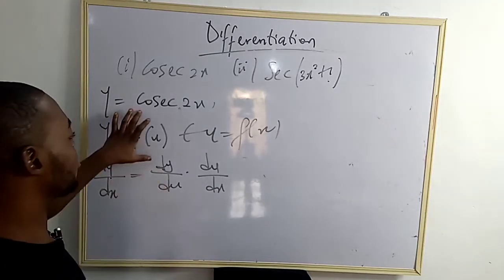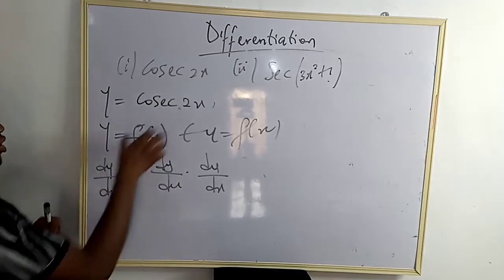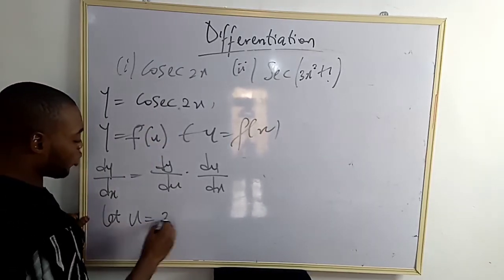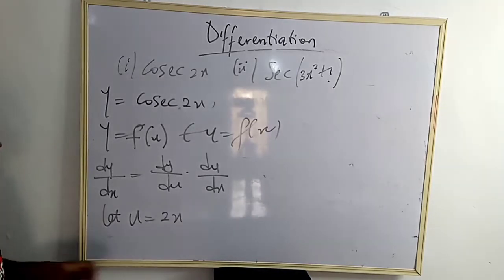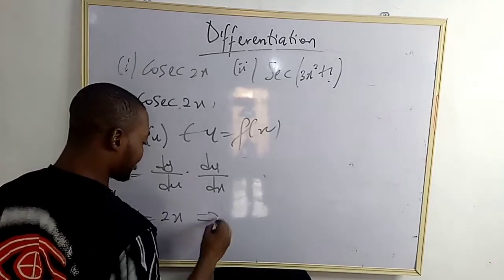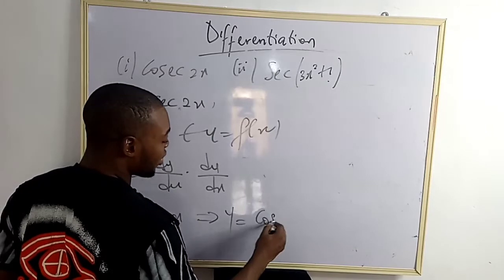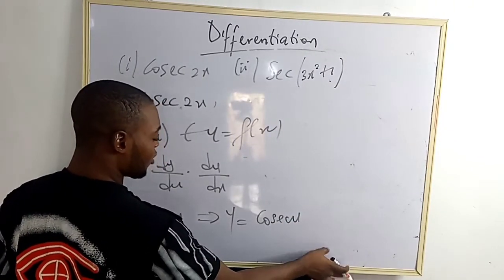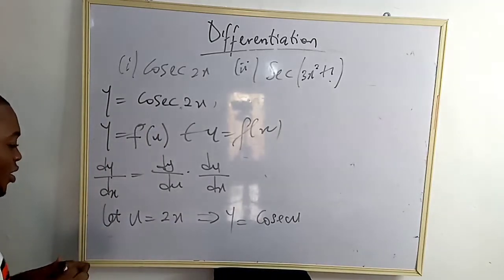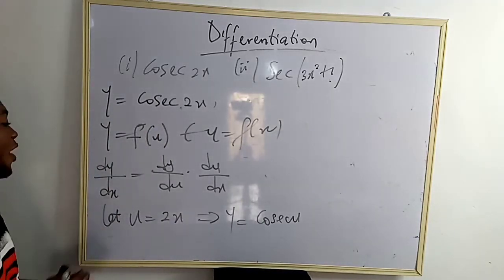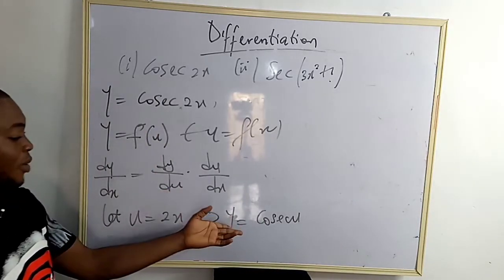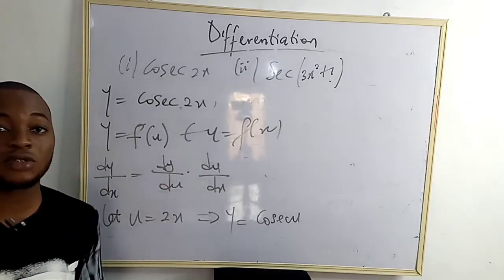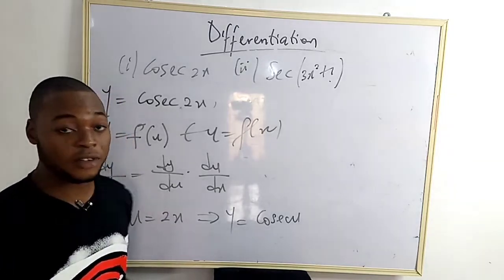So for us to use the chain rule here, let u be equal to 2x. So if u is equal to 2x, that implies that y will be equal to cosec u. So first we find dy/du, then differentiate u with respect to x, then multiply the two together.